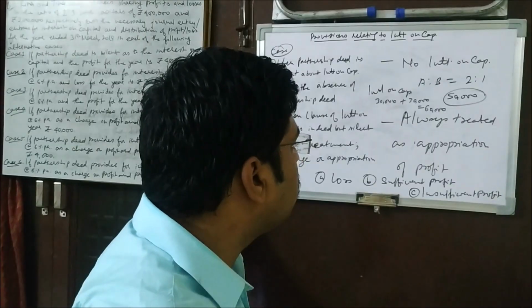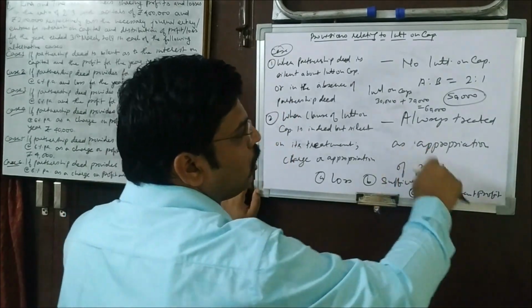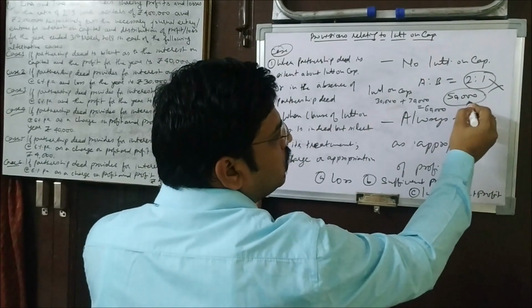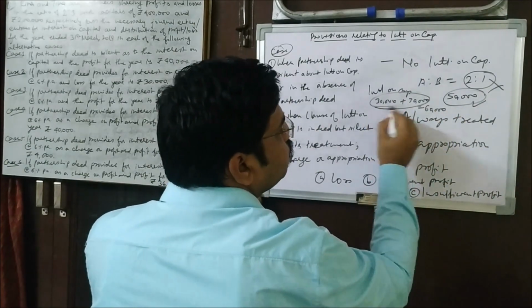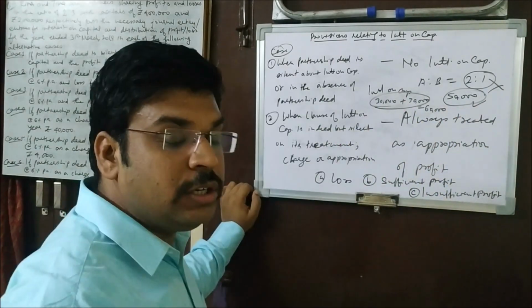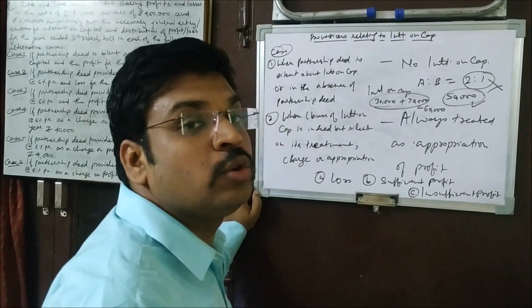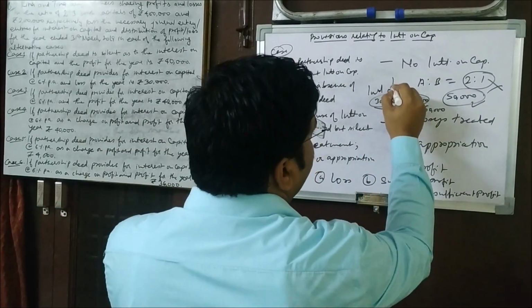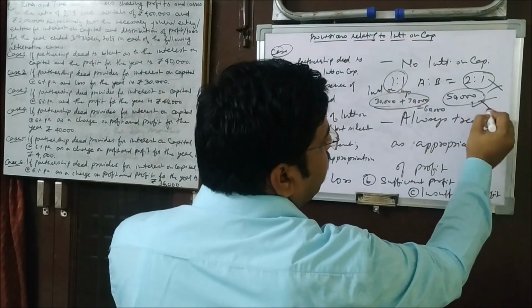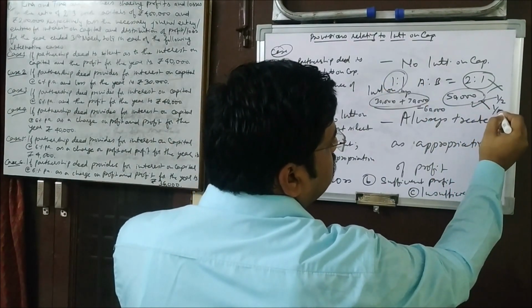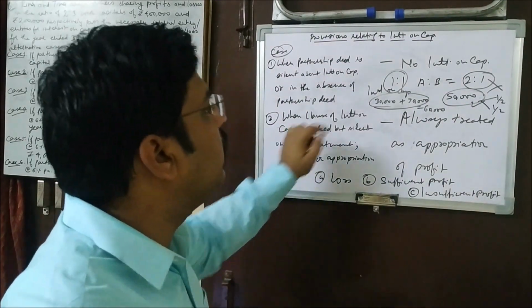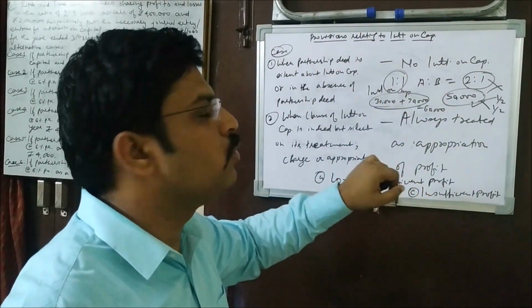Now what to do? Instead of distributing this 50,000 in the profit sharing ratio, we distribute this 50,000 in the ratio of the amount of interest on capital of the partners. So what will be the ratio here? 1:1. This 50,000 will be divided between the partners in 1:1 ratio, meaning equally. A will get 25,000 and B will also get 25,000.